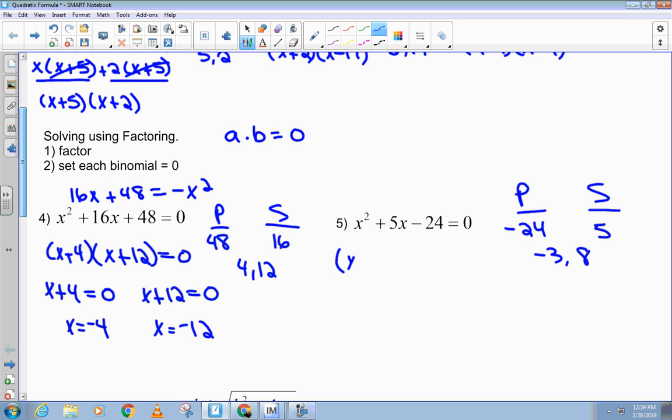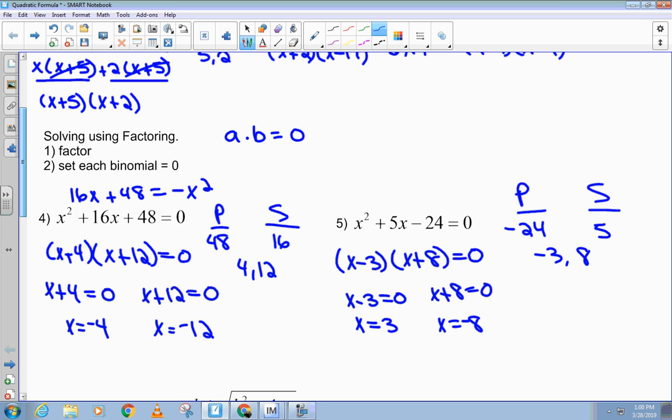So this factors into x minus 3 times x plus 8, and that's equal to 0. So I factored it. Then to solve it, I set the factors equal to 0. So x minus 3 equals 0, and x plus 8 equals 0. I add 3 to both sides, so x is 3. Subtract 8 from both sides, x is negative 8.